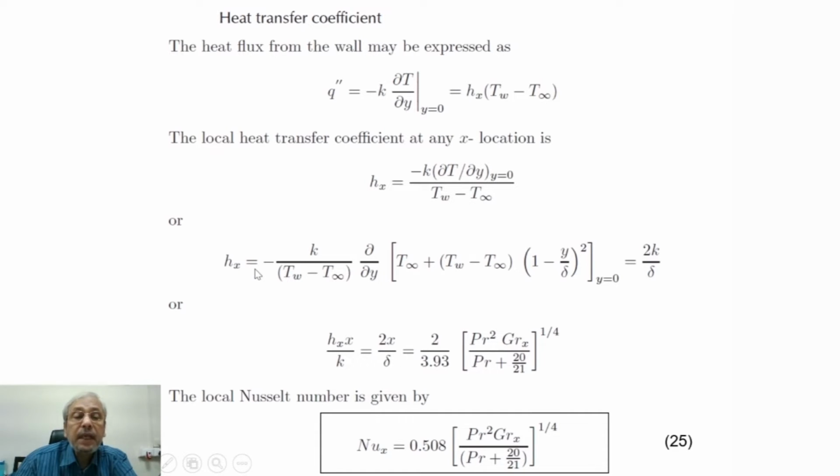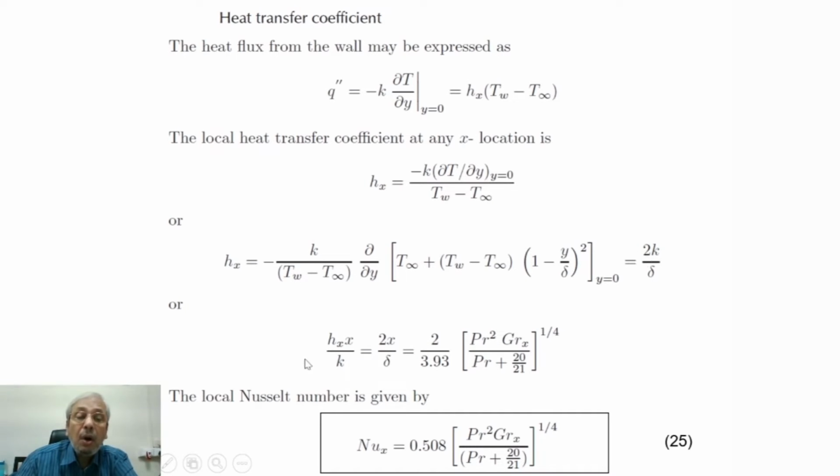So Hx is minus K, Tw minus T infinity, del y of the full expression for T, which is given by Tw plus Tw minus T infinity into 1 minus y by delta squared, at y equal to 0. We can easily see that this will give twice K by delta after this derivative.